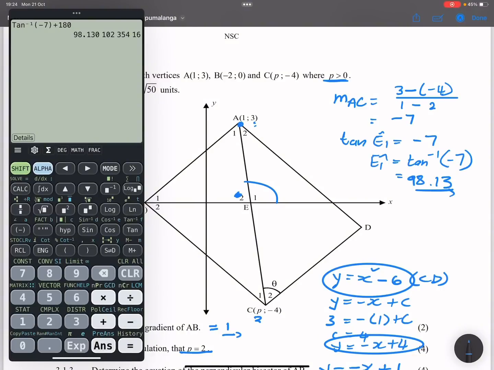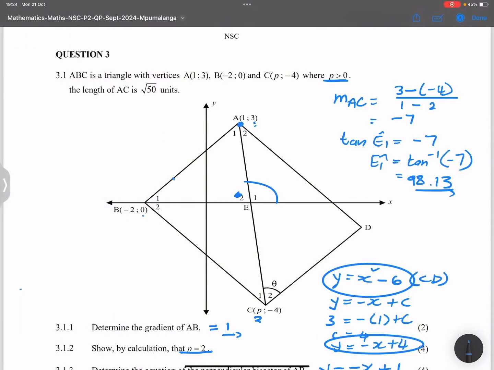And so now I can also look for the angle B1. And remember, I already know that AB has a gradient of 1. So that means that the tangent of B1 would be equal to the gradient of AB. So B1 would be the arctan, or the inverse tan, of the gradient, which is 1, and so that is 45.